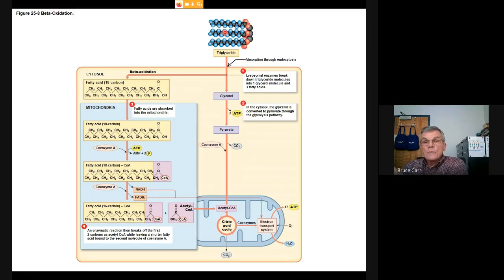It goes right through the membrane. So it doesn't need a transporter or special carrier right in, although there is some effect on getting it across that is dependent on insulin. So here's the glycerol. Pretty simple to explain that piece of the triglyceride. Goes to pyruvate making 2 ATP. Then goes into the mitochondrion and goes through the system as we see.